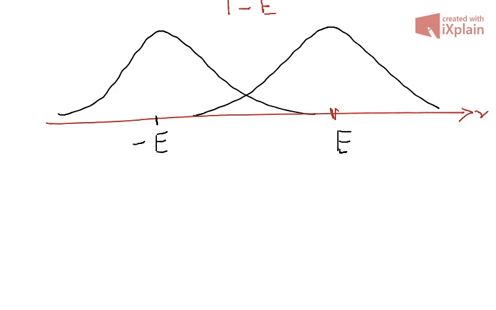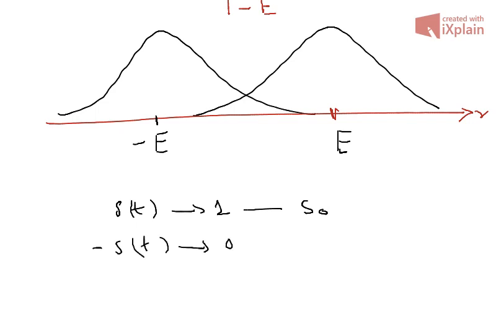Now let me, instead of using the term S of t, say that S of t represents a binary 1, suppose this is our S naught, and minus S of t represents a binary 0, suppose this is our S1, right?